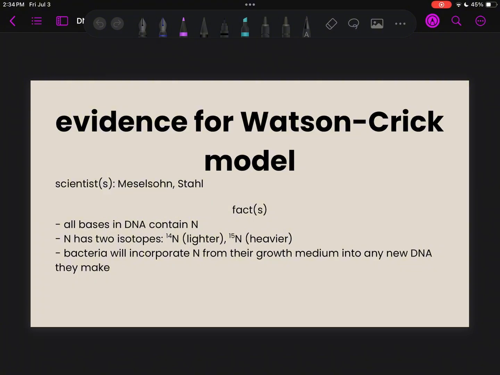When we looked at the structure of glucose, we saw there's alpha glucose and beta glucose; just consider it similar to that. These isotopes are 14N, which is lighter, and 15N, which is heavier, and bacteria will incorporate nitrogen from their growth medium into any new DNA that they make.